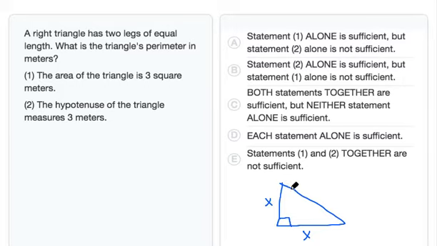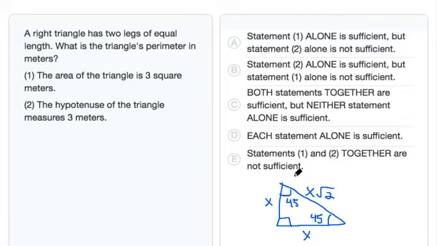And if we have 45, 45, 90, that means this angle is 45, this angle is 45. These common right triangles have a ratio of sides of x to x to x square root of 2.